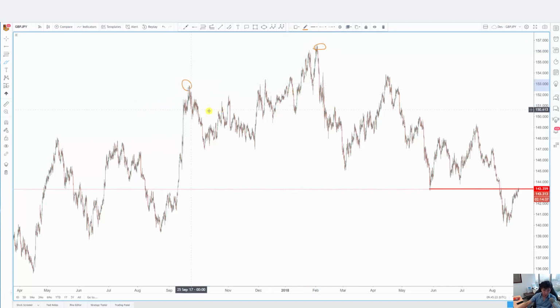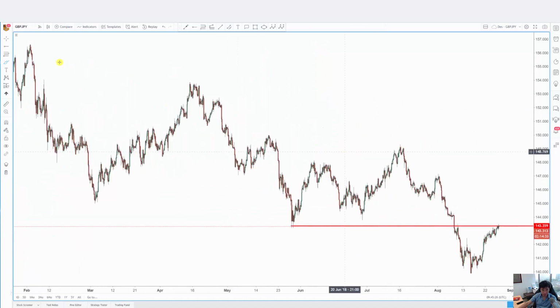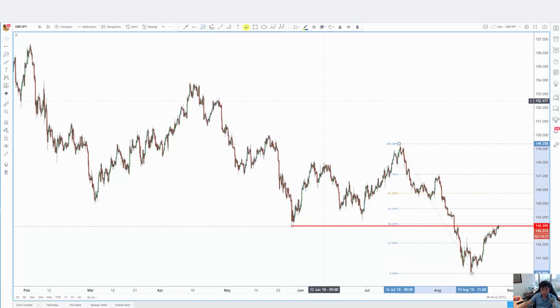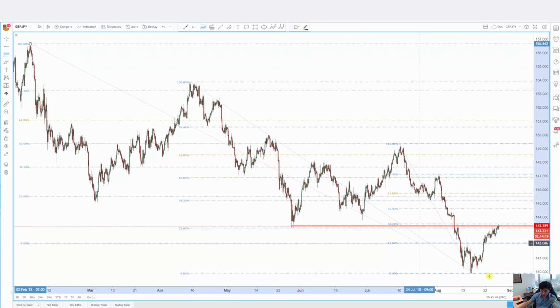After that it's all just downhill. So I'm going to do a Fibonacci retracement from here down to here, do another one from here down to here, and maybe one more from here down to here.